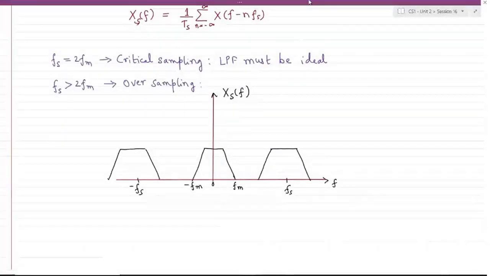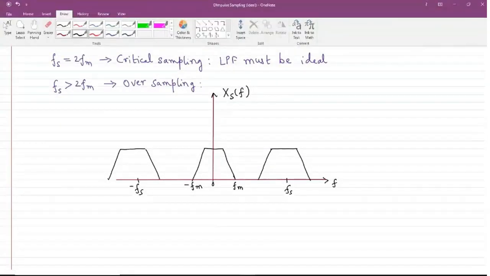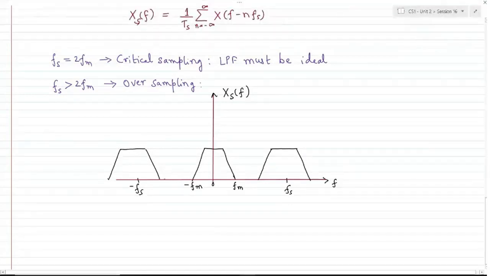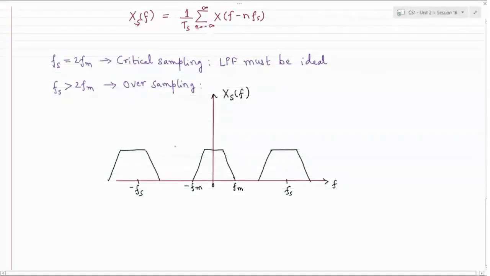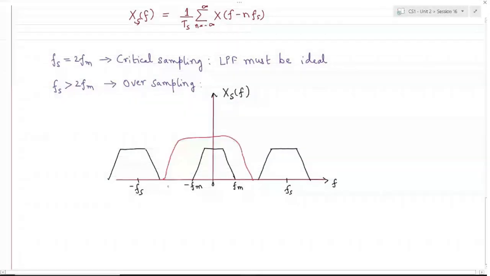Now if I try to apply a practical filter, which gives relaxation in its rising and falling times, then it will have this kind of response.